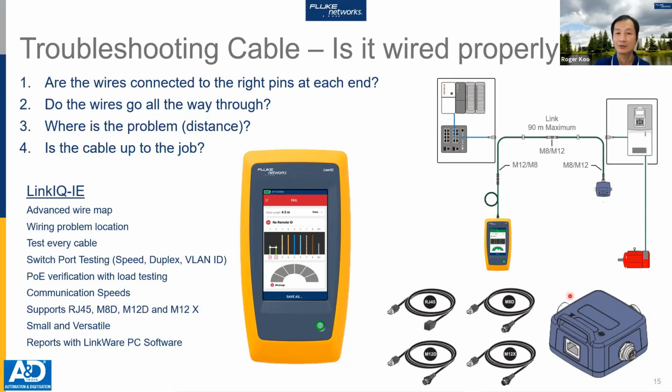The IE kits that we have provide the terminator and the appropriate test interface cables. The LinkIQ is connected to the link at the near end using an RJ45 to M12 patch port. We have a full set of cable adapters available to facilitate the testing of commonly used industrial Ethernet connectors.